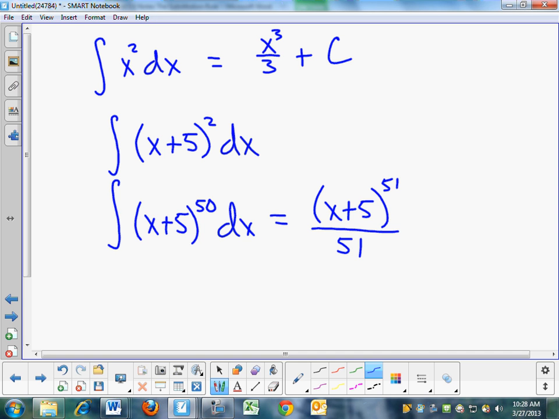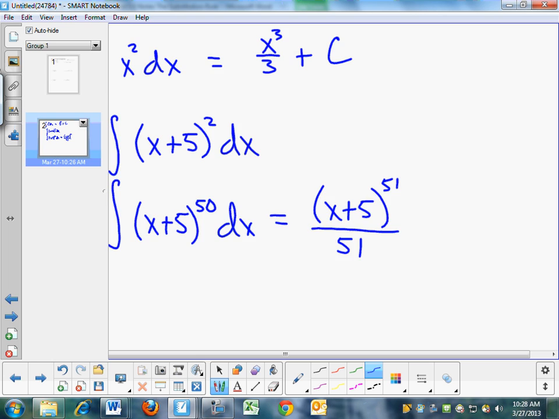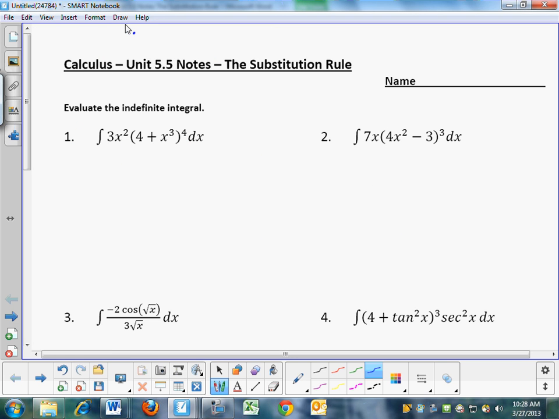So the substitution rule is a nice technique to use when you have an inside piece. And we'll go to work. Here's how it works. What's my inside piece? True or false?